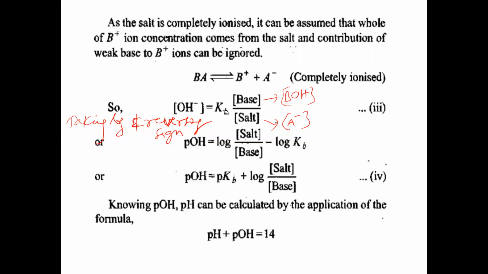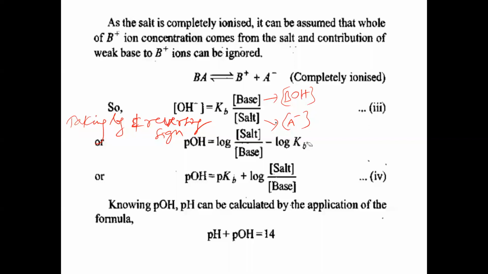So pOH is equal to log salt by base minus log Kb. Yesterday we discussed this. So minus log of Kb minus log of base by salt. Minus log of base by salt is equal to plus log of salt by base concentrations.